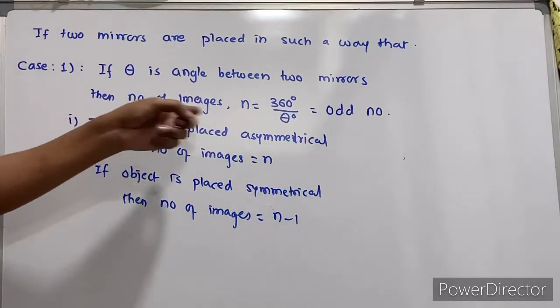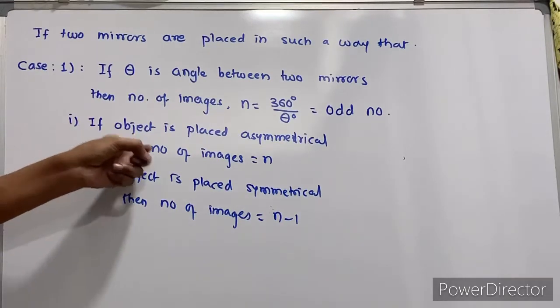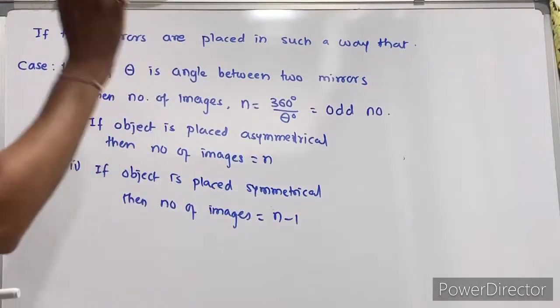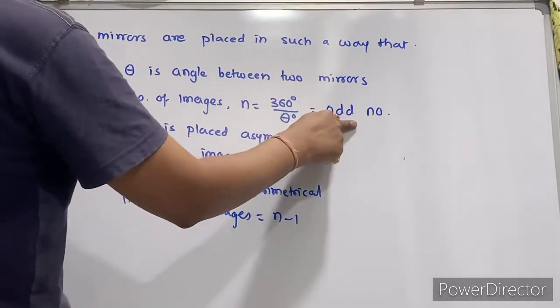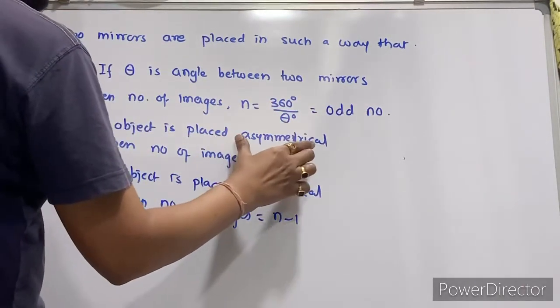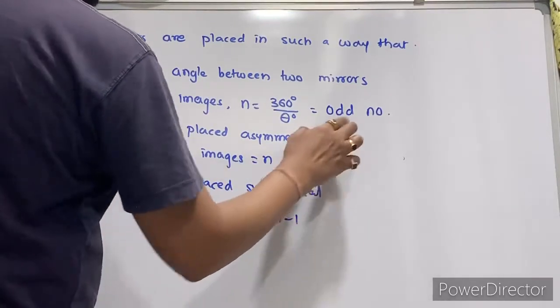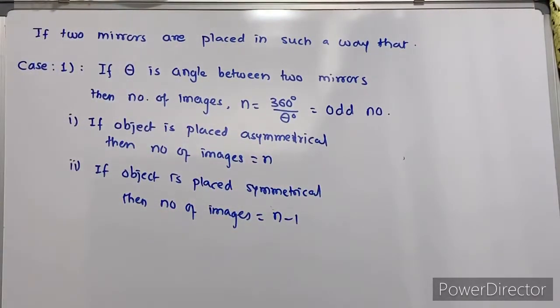If the object is placed asymmetrically, the number of images will be n, and if the object is placed symmetrically, the number of images will be n minus 1. Suppose this number comes out to be 7. If it is asymmetrically placed, I will write 7 only. But if it is symmetrically placed, I will write 7 minus 1, which is equal to 6. This is case 1.